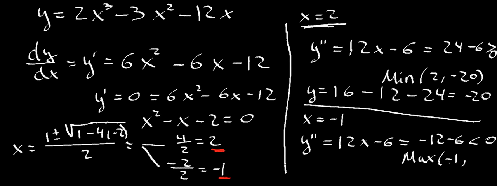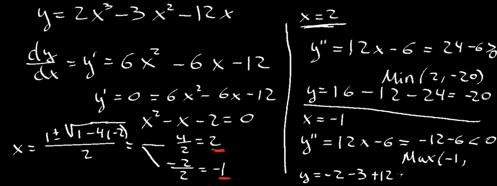We know the x coordinate, we need to calculate the y coordinate, and that's going to be given by minus 1 subbed into the x cubed, which is minus 1, so it's 2 times minus 1 is minus 2. Minus 1 squared becomes 1, so minus 2 minus 3, and minus 1 times minus 12 is plus 12.